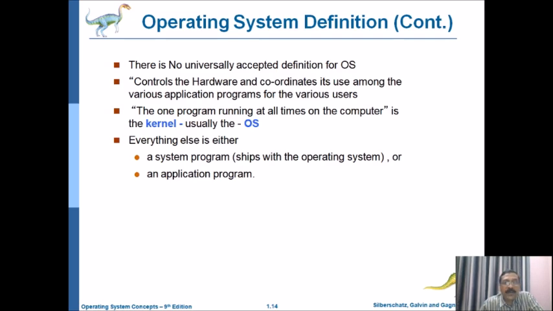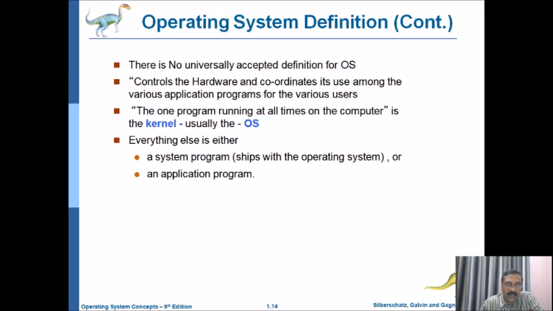The one program running at all times on the computer is the operating system. It is called the kernel. Usually the kernel is the operating system, or a module of the operating system.